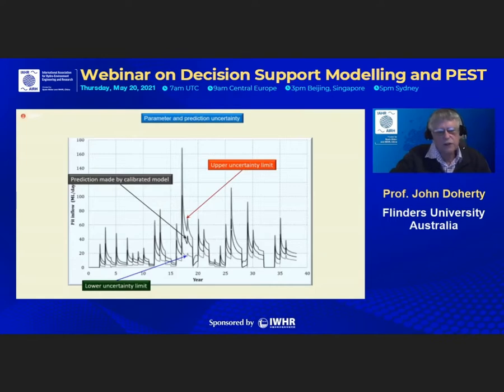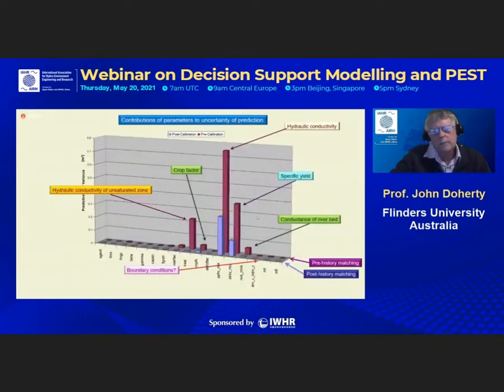The graph I showed you before of inflow to the pit was calculated just using linear analysis. So we can quantify the uncertainties of decision-critical predictions using linear analysis. Graphs like this can be very useful. We can ask, what is the contribution made to the uncertainties of decision-critical predictions by different parameters or groups of parameters?